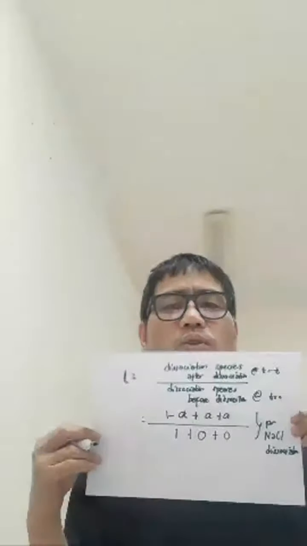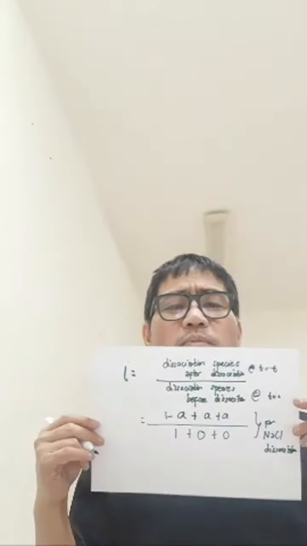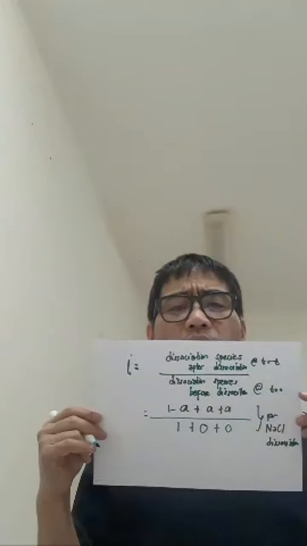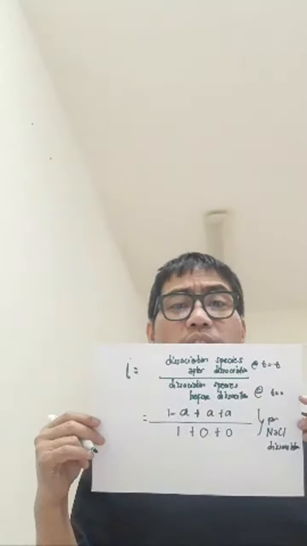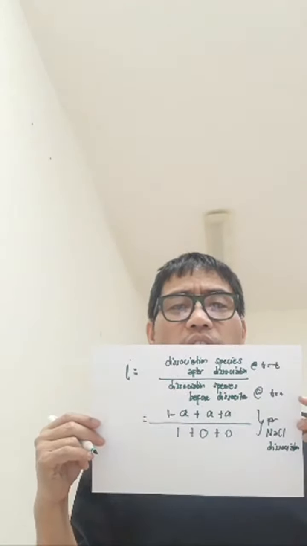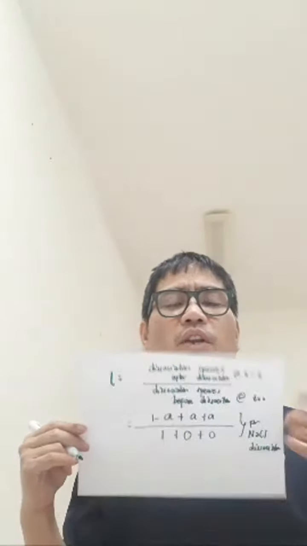For the dissociation factor or van't Hoff factor, the dissociation species before dissociation is the denominator, the lower part.